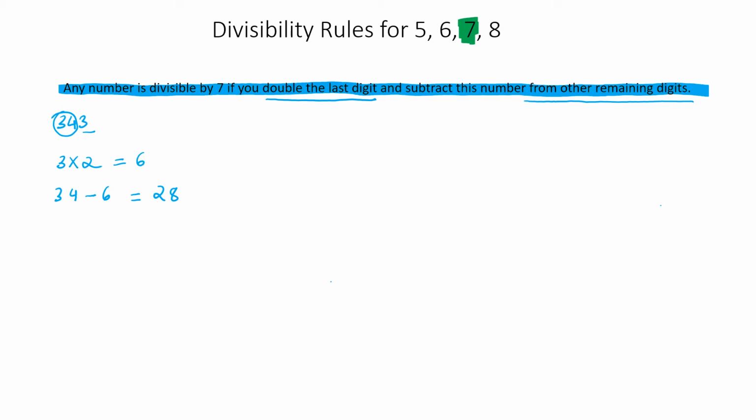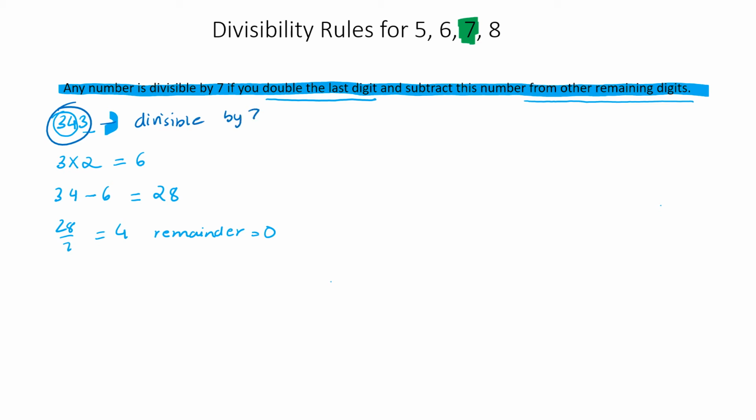So 28 divided by 7 gives us 4 with no remainder. And that proves that 343 is divisible by 7.